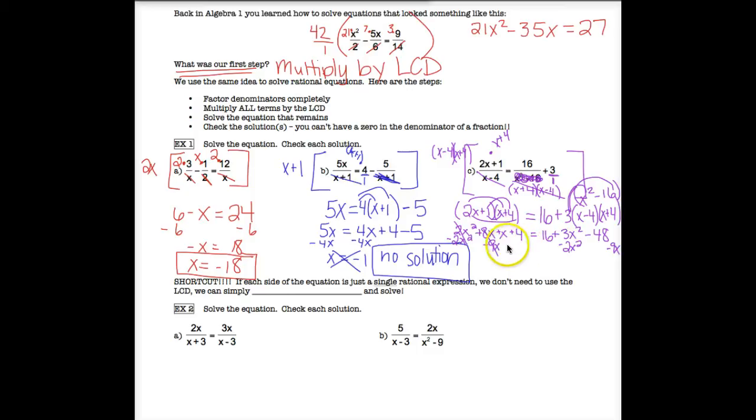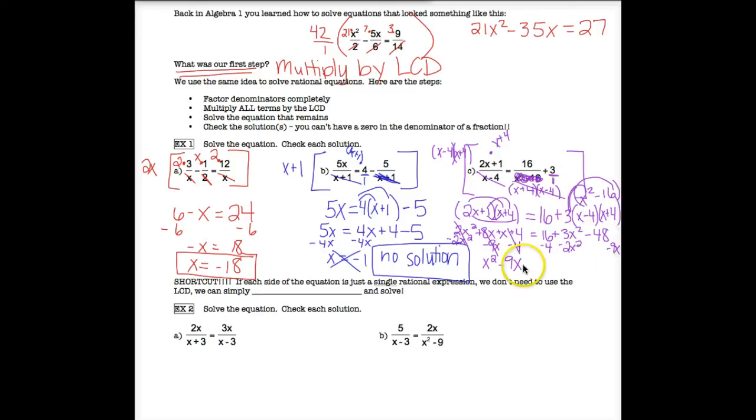And then finally move my 4, so minus 4, minus 4. So 3x squared minus 2x squared is just x squared. And then my minus 9x didn't have anything to combine with, so it stays. Then my numbers, I've got 3 of them. 16 minus 4 is 12, and then I've got 12 minus 48.